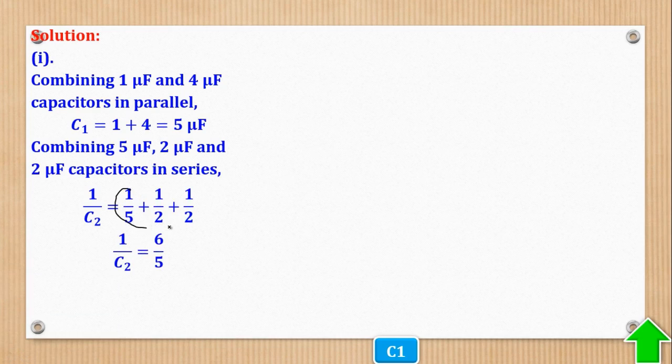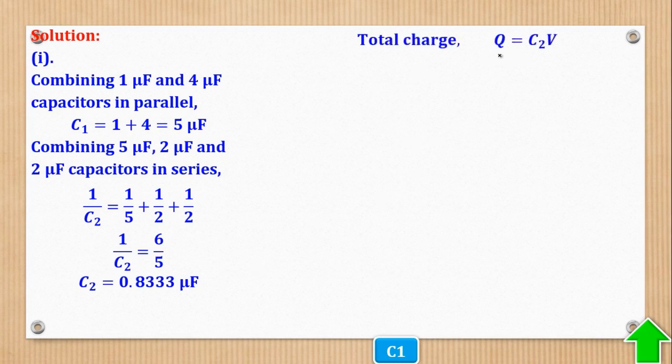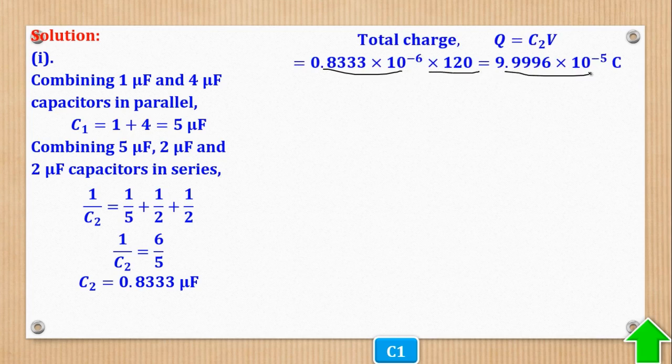Therefore, when I use the calculator, this one will give me 6 over 5. Therefore, C2 will be this. So that C2 is the total capacitance. Now that I have the total capacitance, and also the total PD, I can get the total charge. So total charge will be total capacitance times total PD to give you this.